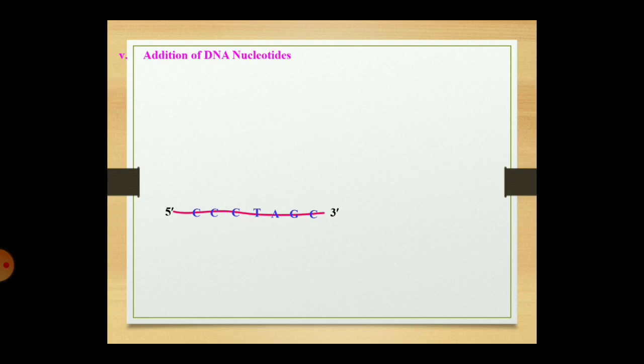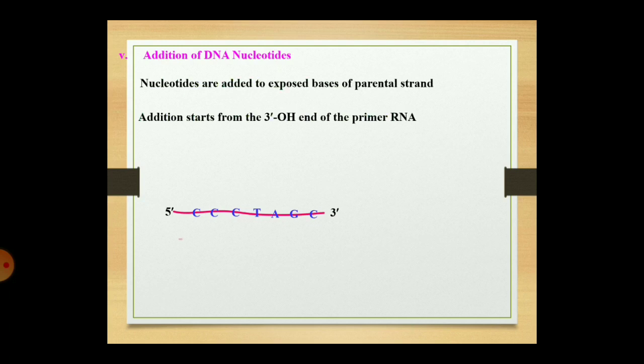Immediately the free hydroxyl group helps in attachment of DNA nucleotides, and those DNA nucleotides are added by the DNA polymerase enzyme. Nucleotides are added to exposed bases of the parental strand. Addition starts from the 3 prime hydroxyl group end of the RNA primers.